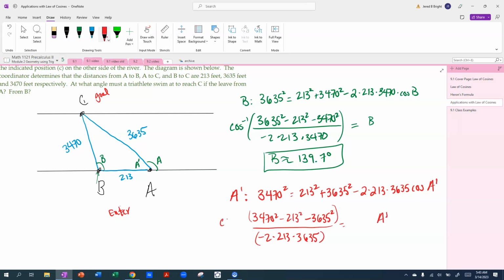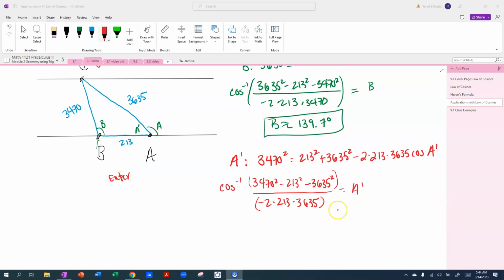Move the cosine over by cosine inverse. You can work out the steps on your own if you wish. When I do this, I find that A prime is approximately 38.1529 degrees, which means A is 180 minus A prime.